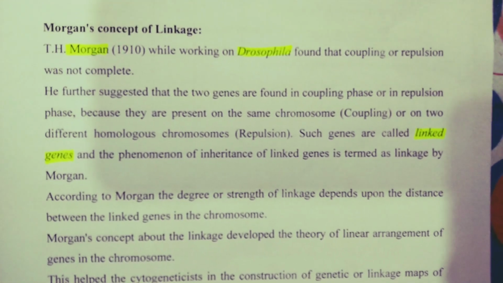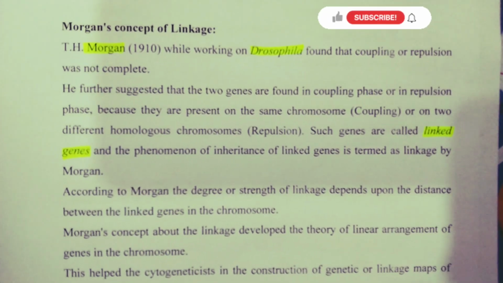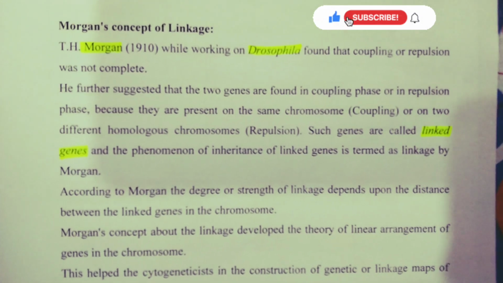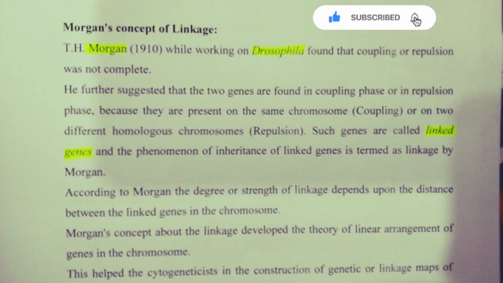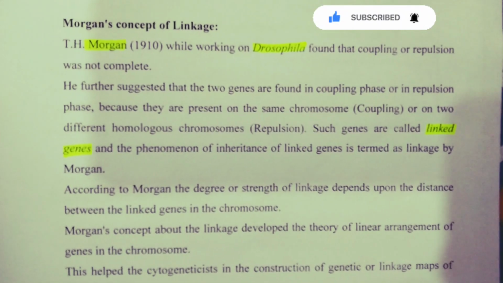So what is linkage? First you should know that linkage is when the genes present on a single chromosome are inherited as they are to the next generation. They do not tend to separate during gamete formation.